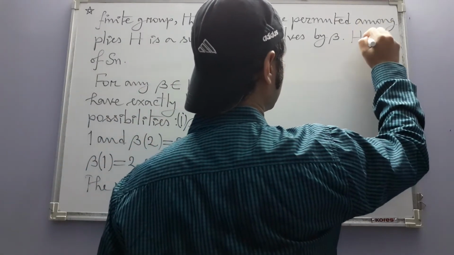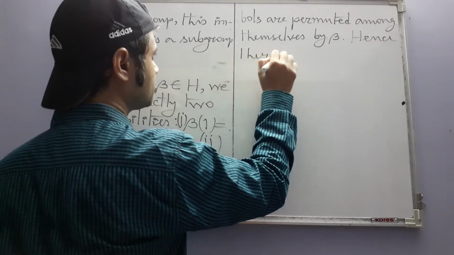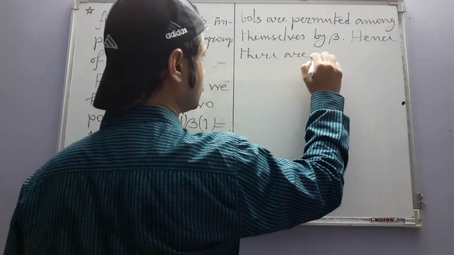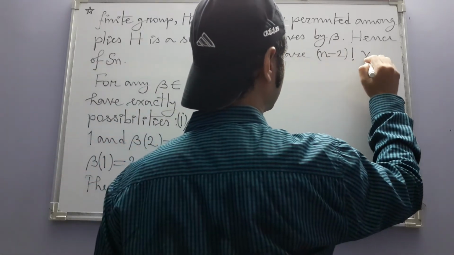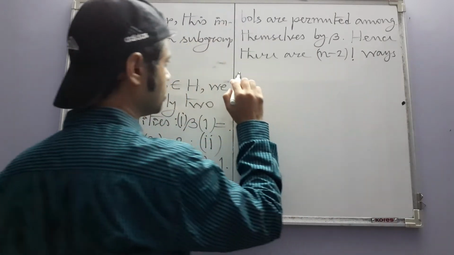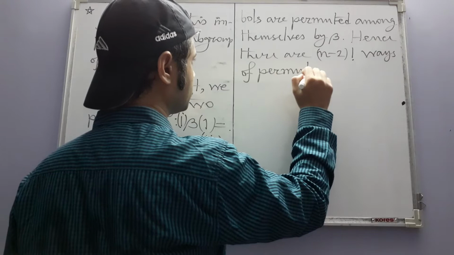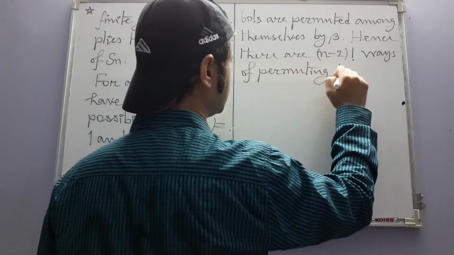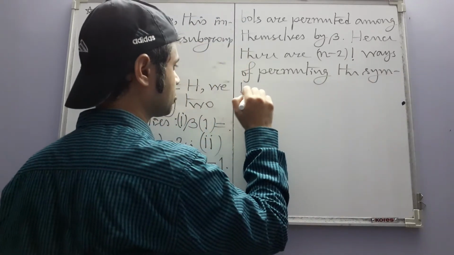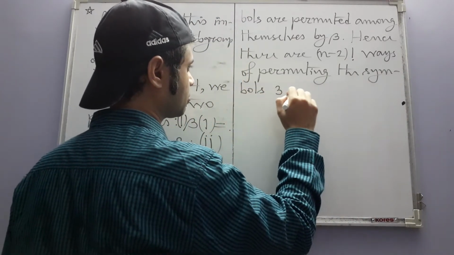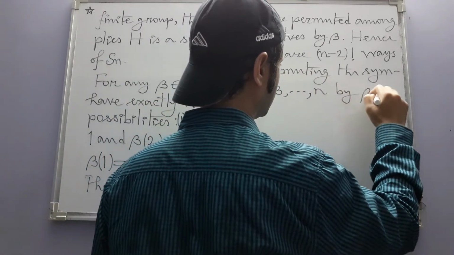Hence, there are (n minus 2) factorial ways of permuting the symbols by beta.